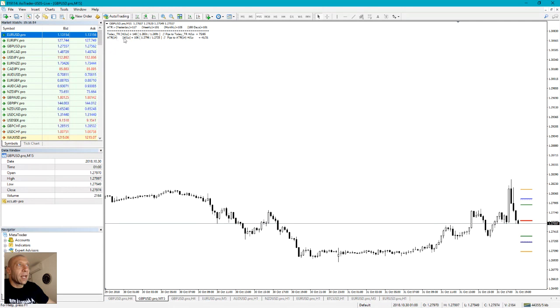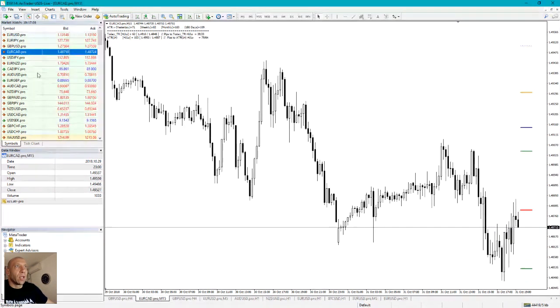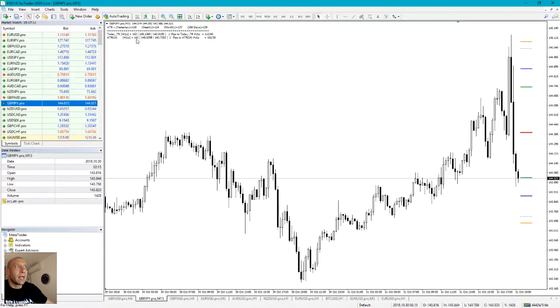When we have ATR 14, it says 106. It means that the last 14 days provided 106 pips from high to low on the GBP dollar. On euro dollar, it's 73. On euro CAD, it's 103. On GBPN, 141. Guys, the higher the number, the bigger the volatility in currency crosses.